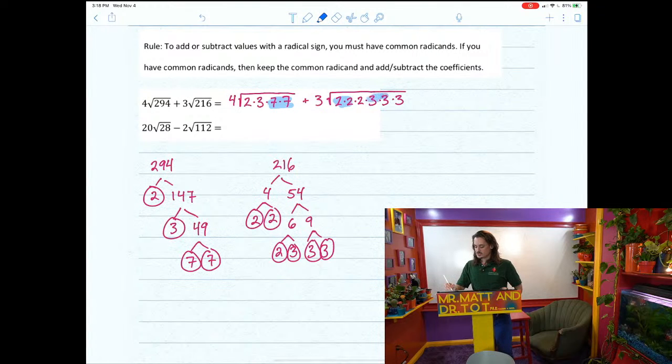a coefficient. So this is going to turn into 4 times 7 times the square root of 2 times 3 plus 3 times 2 times 3. Oops, let me get some more room here.